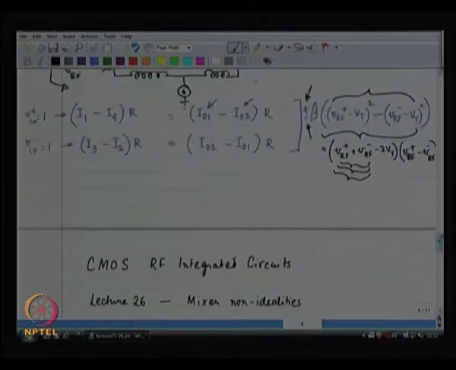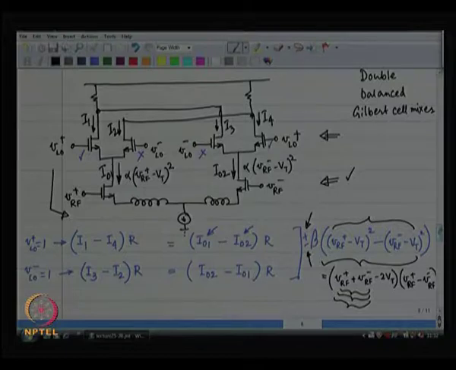So, what you see over here is that the two inputs of the mixer are really gates of two different MOSFETs. So, VRF plus, there could be a parasitic capacitance between these two nodes. There could also be a parasitic capacitance between these two nodes, they are there, CGD and CGS are there, they exist, okay.